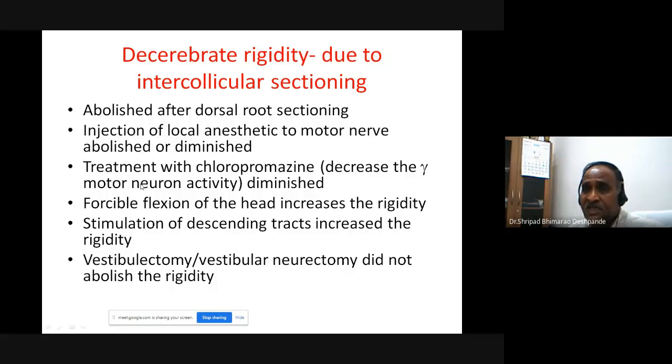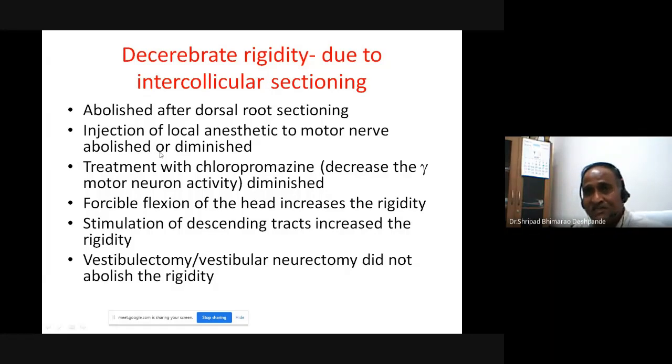Then he injected the animals with chlorpromazine. Chlorpromazine is an antipsychotic drug, and here it was used to decrease gamma motor neuron activity. When they treated the animals with chlorpromazine, the gamma motor neuron activity was diminished, and once it was diminished, the rigidity was diminished.